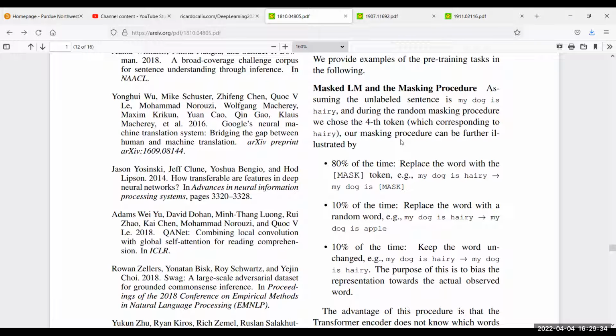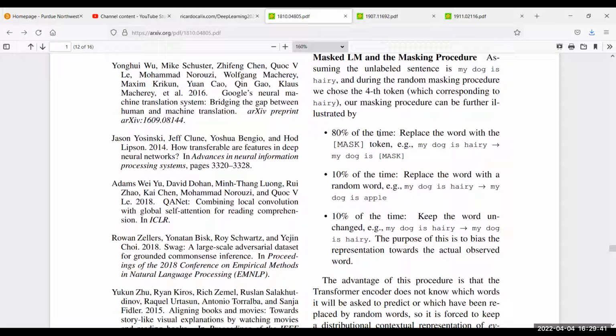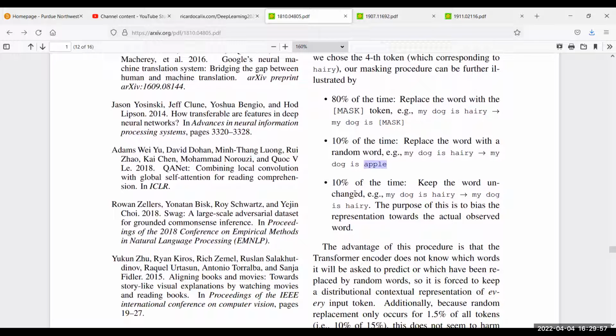The masking procedure will then do the following. In 80% of the cases, they will replace the word with the token mask. But 10% of the time, they will replace it with a random word like apple. So my dog is hairy becomes my dog is apple. And then 10% of the time, they will just keep the word as is.